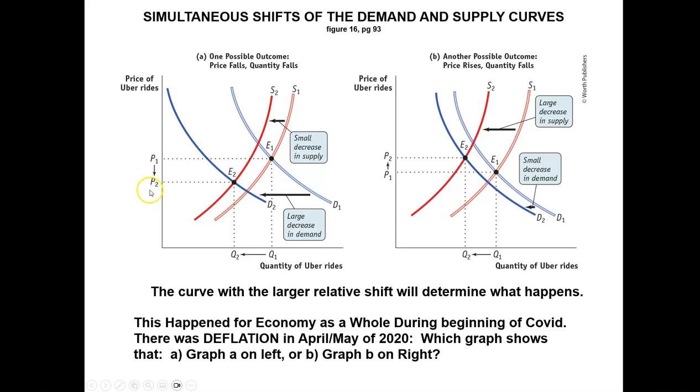So the price level, we had deflation. There were a few months where prices actually went down, which doesn't happen that often. That means that the aggregate demand for everything decreased by more in those few months than the availability of products decreased. So that caused prices to go down.